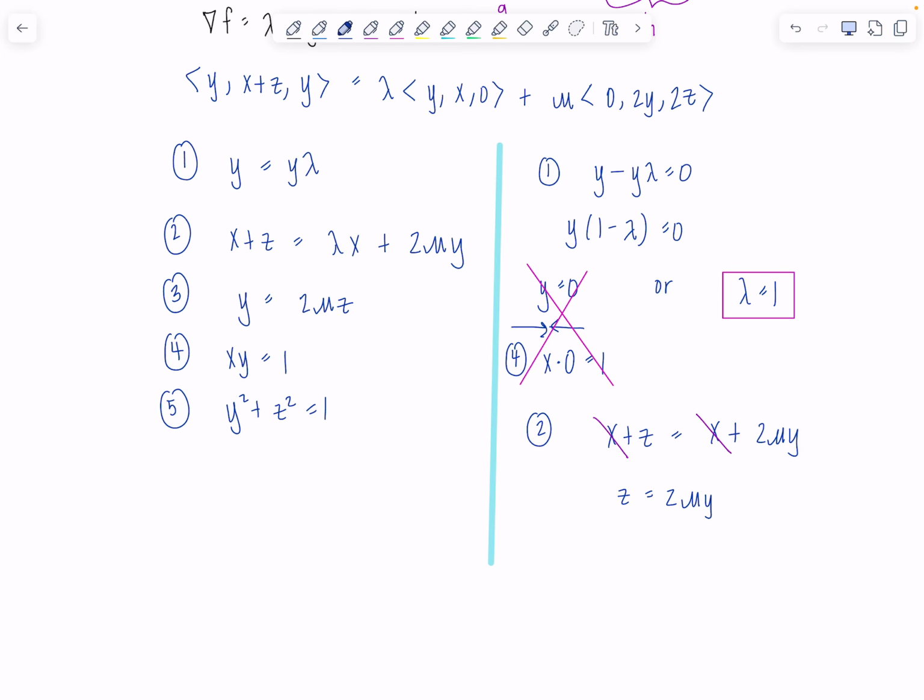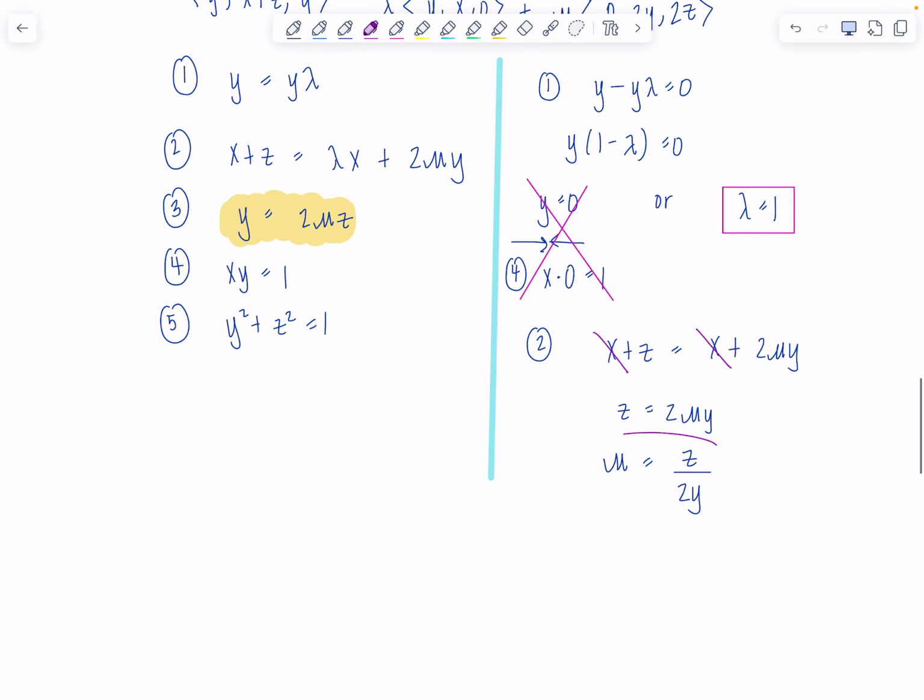I also know y is not 0, so let me just say mu is z over 2y. Why did I do that? Because I know over here y equals 2 mu times z. So let's take this into 3.